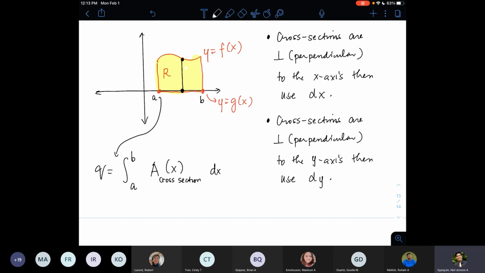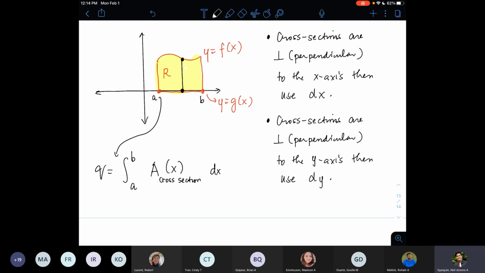So it is important to take note how the cross section looks like, right? Usually you will be given special shapes for the cross sections. I guess for Cal 1, the usual choices would be squares, semicircles, or perhaps the hardest would be equilateral triangles. But say you have squares as your cross section, so you can imagine squares sticking out of my screen.